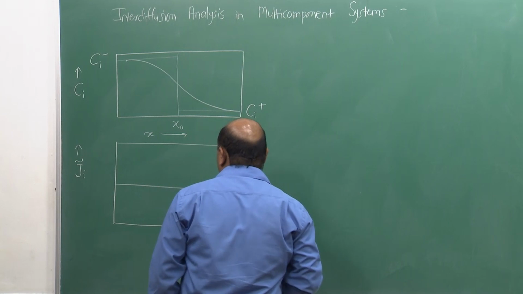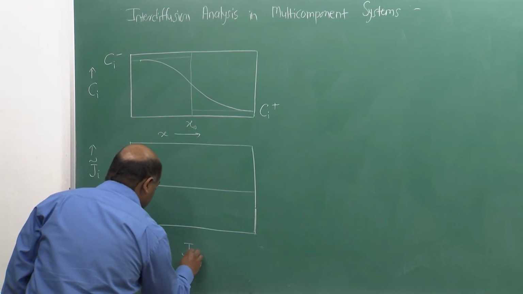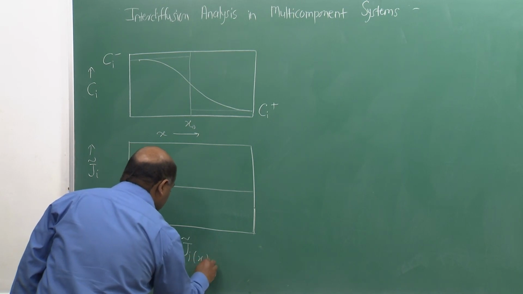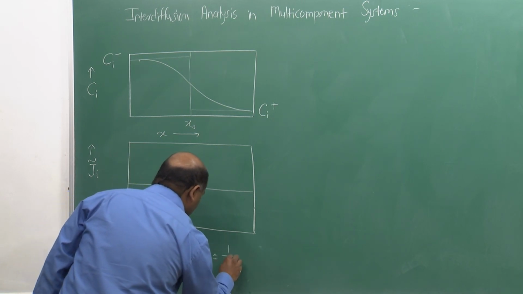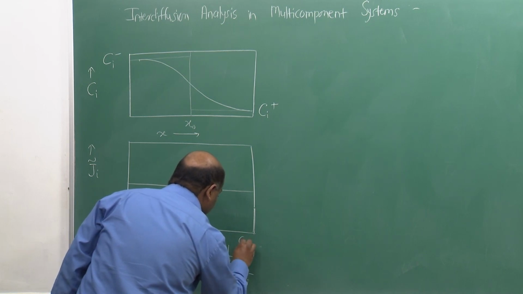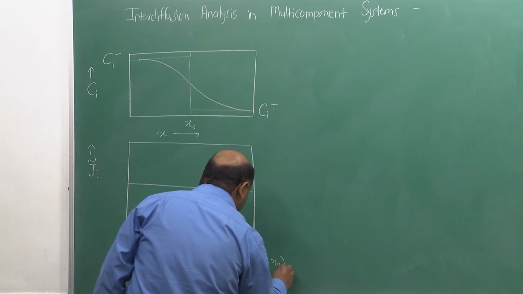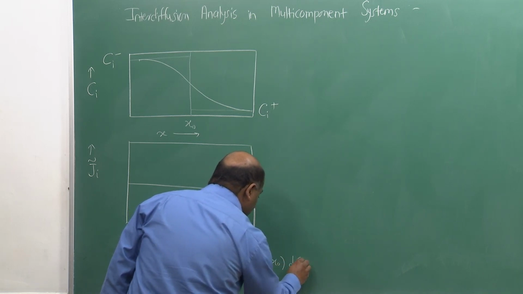We derived the formula for J as Ji tilde at x is equal to 1 over 2t integral Ci minus to Ci plus x minus x naught dCi.